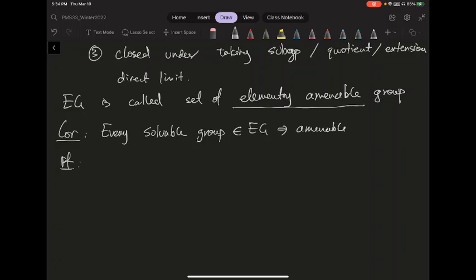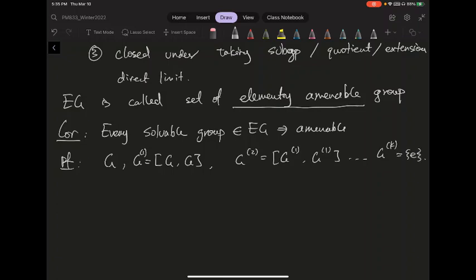If you recall what solvable means: you take G1 to be the commutator group of G, and G2 to be the commutator of G1. You just keep going, and as long as G is solvable, it just means at some point you get some Gk that's equal to the identity.